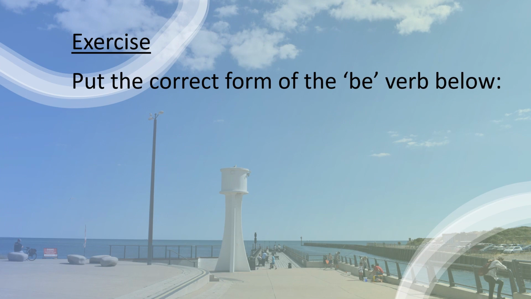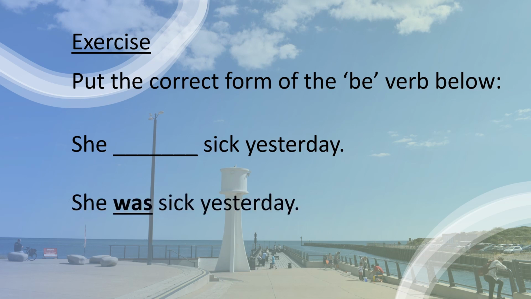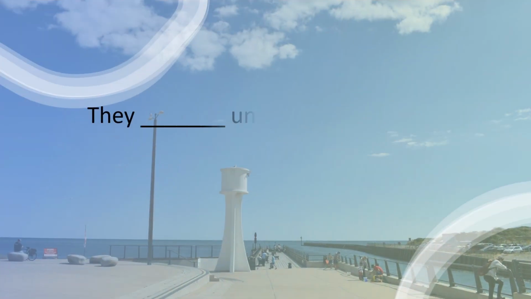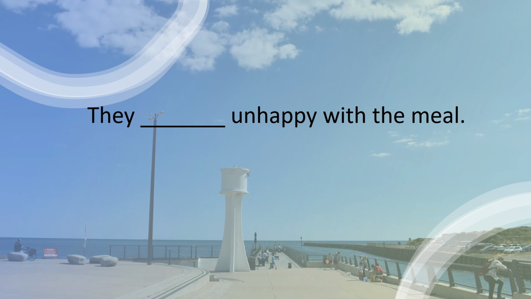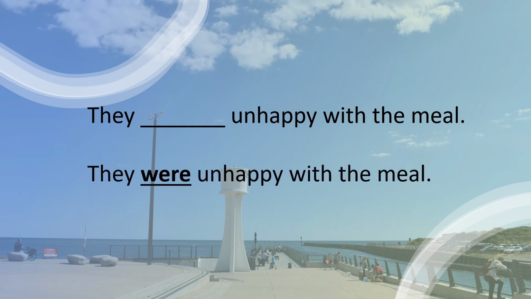Put the correct form of the be verb past below. She blank sick yesterday. She was sick yesterday. They blank unhappy with the meal. They were unhappy with the meal.